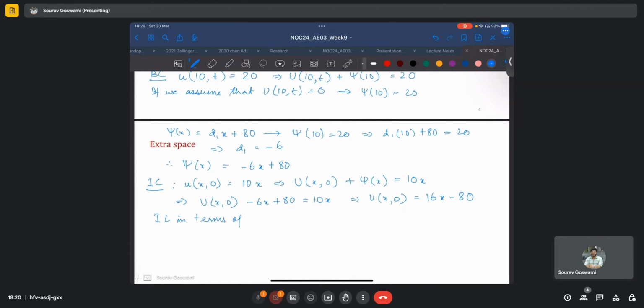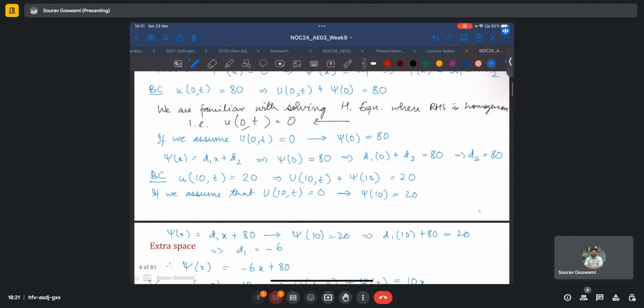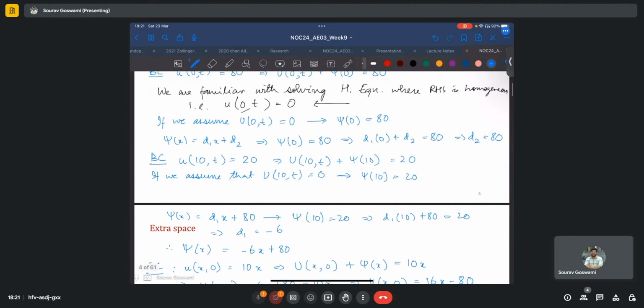So we have the initial condition for U at t equal to 0, which is 16x minus 80. And what this does is, now we have a few familiar conditions staring at us.